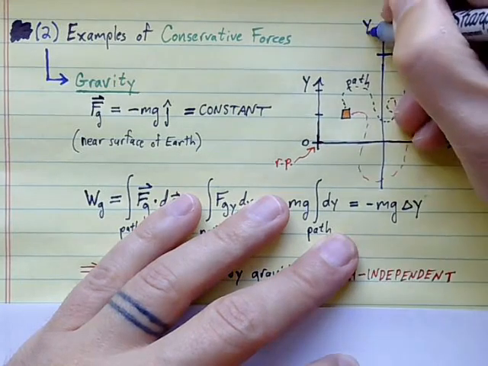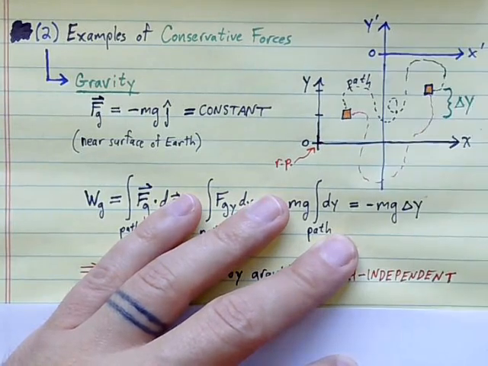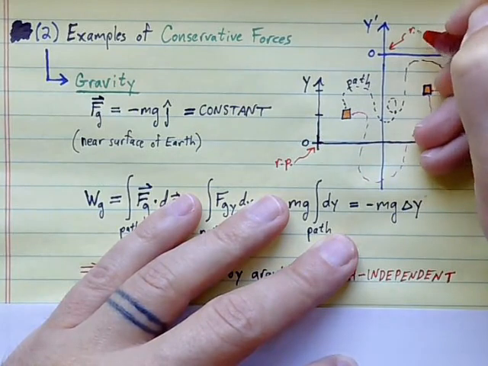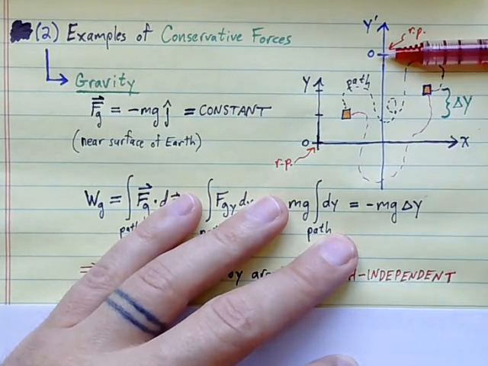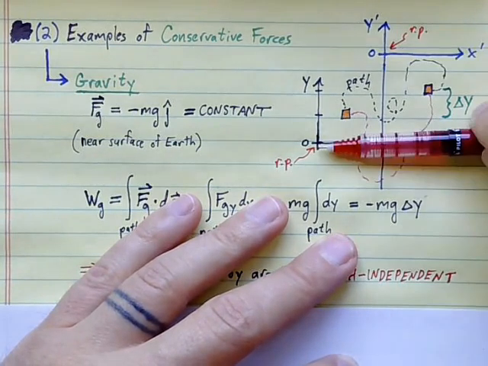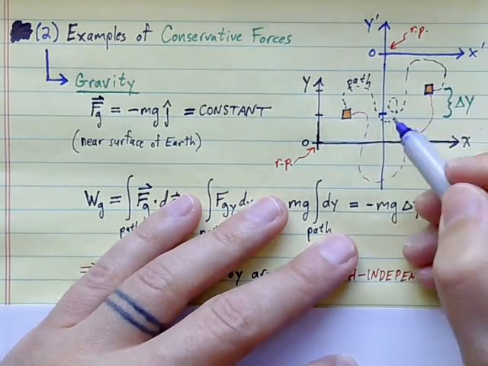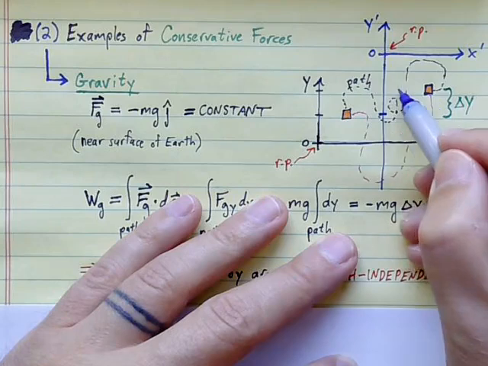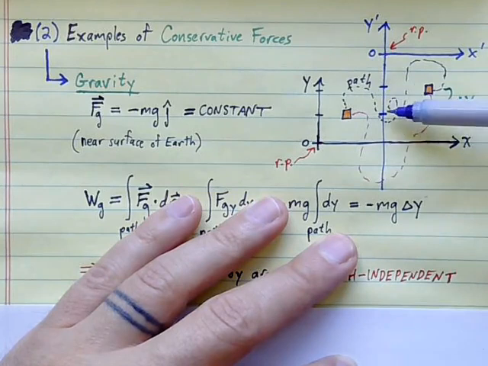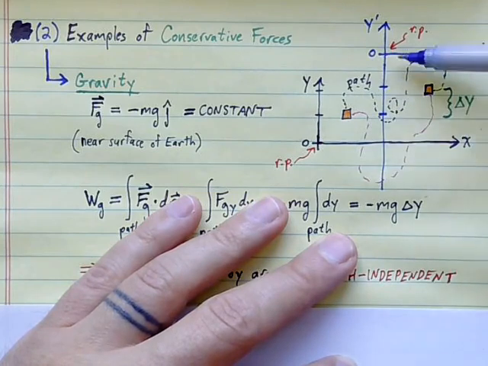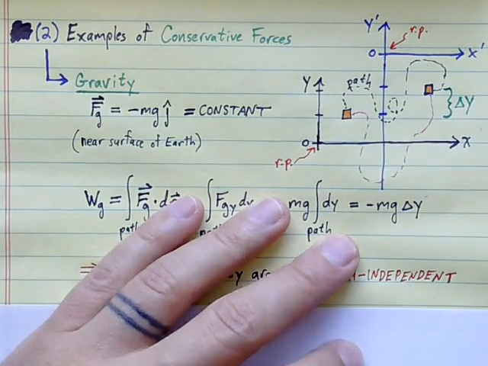I'll call them y prime and x prime with a 0 there, so some different reference point. So I could have said that y equals 0 up here rather than y equaling 0 down here. And so in this case, along these axes, this would be the initial y coordinate of the box, and this would be the final y coordinate of the box. Note that these y coordinates would be negative since they're below this reference point, as opposed to these y coordinates over here, which are positive above that reference point.